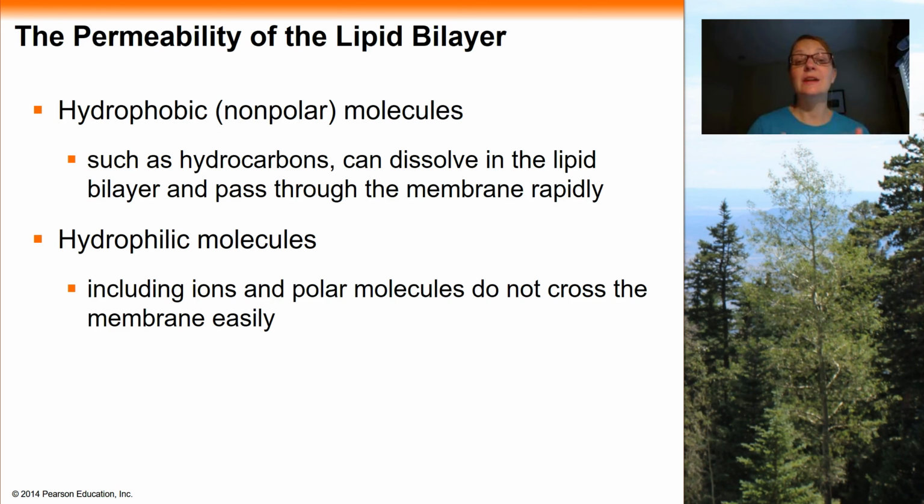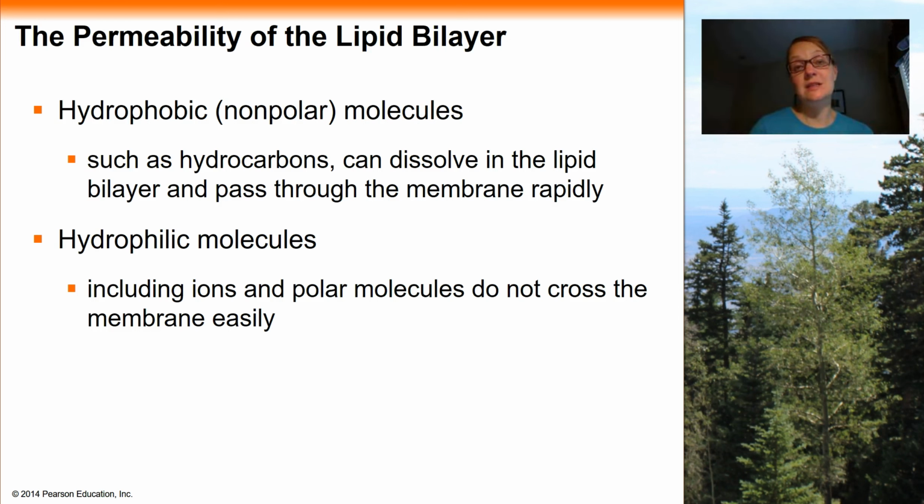Things that are hydrophobic don't like to be with water. These are molecules that are non-polar, things like hydrocarbons, for example. They can easily dissolve through that lipid bilayer. They're not afraid of those hydrophobic fatty acid tails of the phospholipids, so they'll pass through really easily. So things like lipids will get across pretty easily, or really small non-polar molecules like oxygen or carbon dioxide.